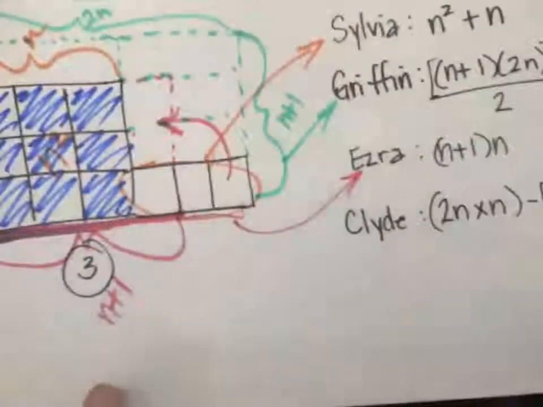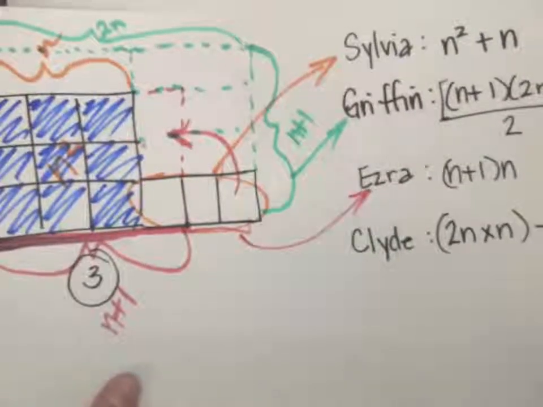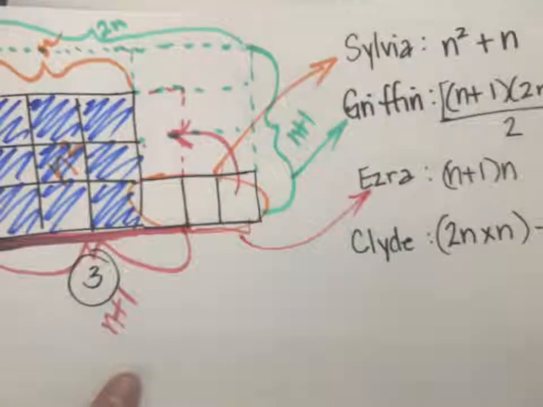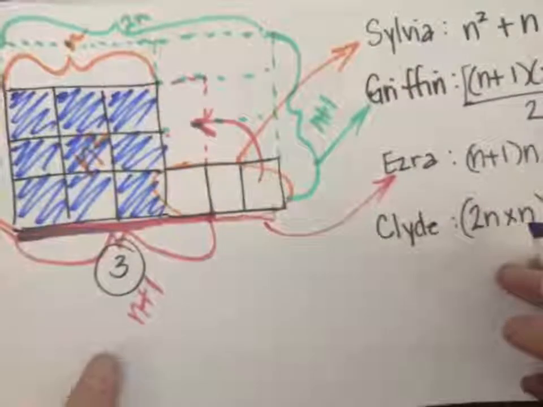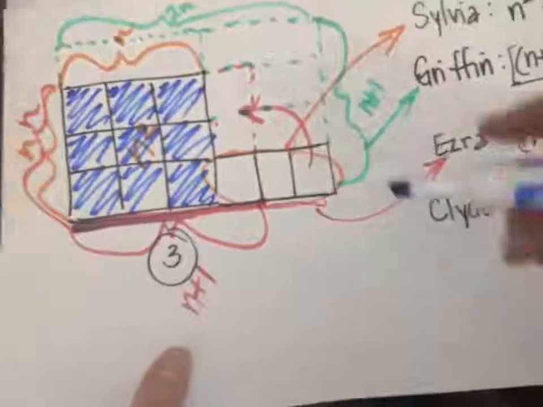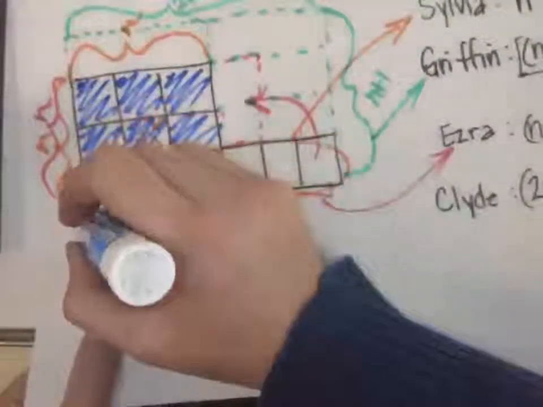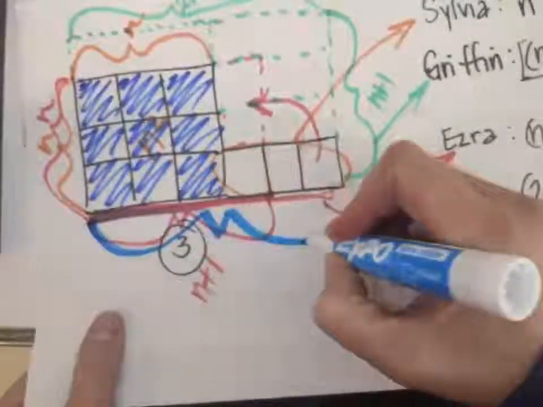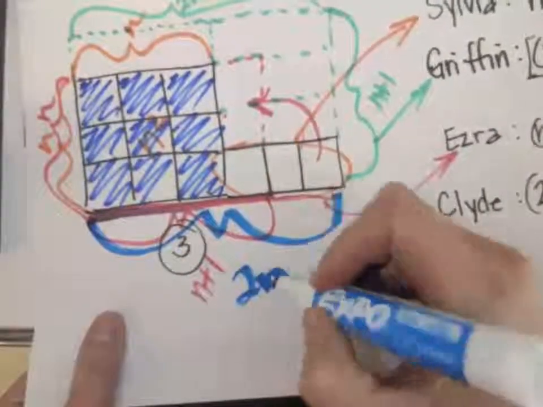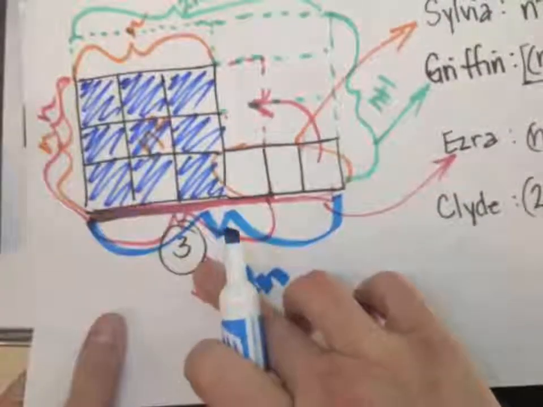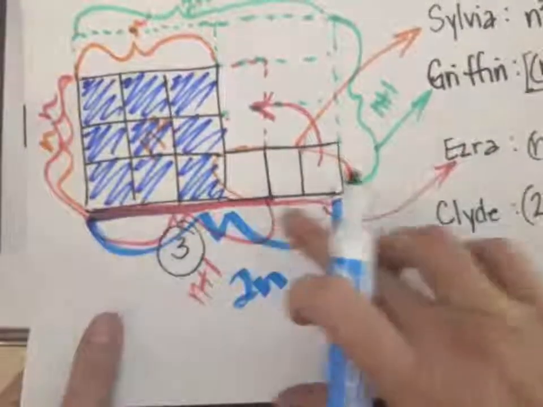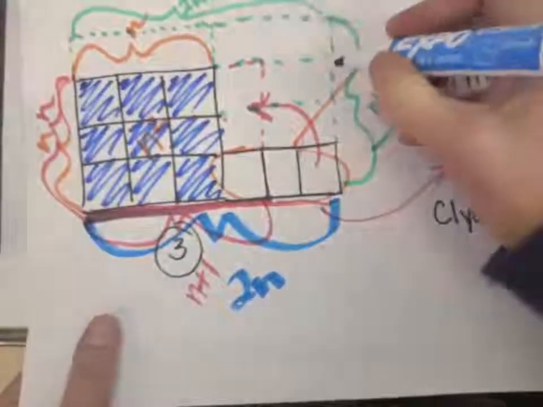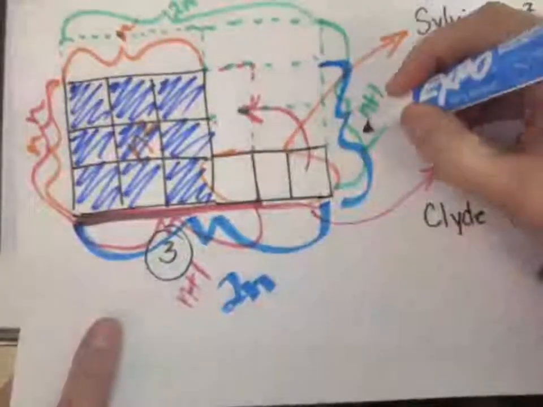Clyde did 2n times n. He said this whole dimension right here is 2n, so it's 2 times, in this case, 3, the stage number. He noticed that that was always double the stage number, times this right here, which is n.